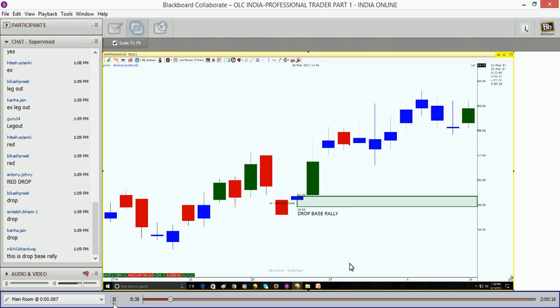In both the scenarios, you will notice that the last word being used is a rally. Can anybody tell me why? In both the cases, why is it that the last word is a rally?